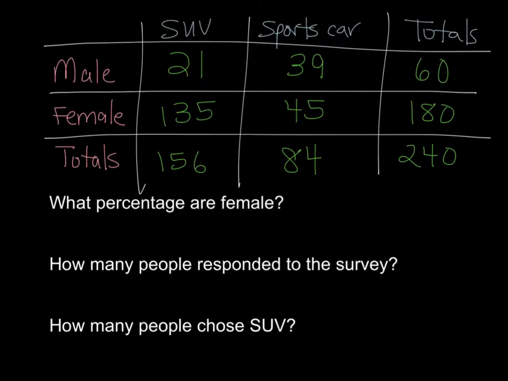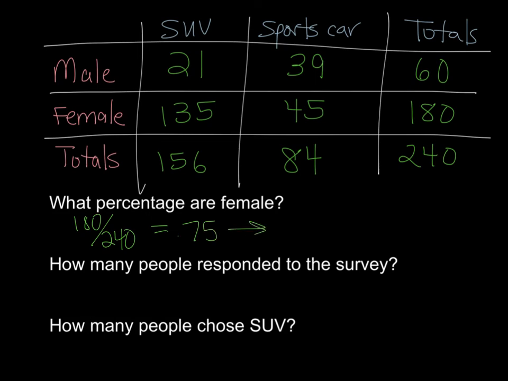Okay, and then here's a couple more questions that are being asked from this frequency table. What percentage are female? So again, we know the total females are 180, and we know the total is 240. So we're going to take our 180, divide it by 240, see what that percentage is, and we get 0.75.